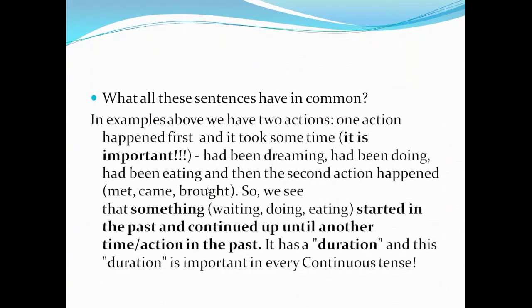In the examples above we have two actions. One action happened first and it took some time. هنايا two actions عندنا جوج ديال لي actions، ولكن واحد لاكسيون اللي كتشد الوقت it is important، اللي كتكون هي اللي مركزين عليها، يعني واحد لاكسيون هي مهمه. Had been dreaming, had been doing, had been eating, and then the second action happened, met, came, brought.